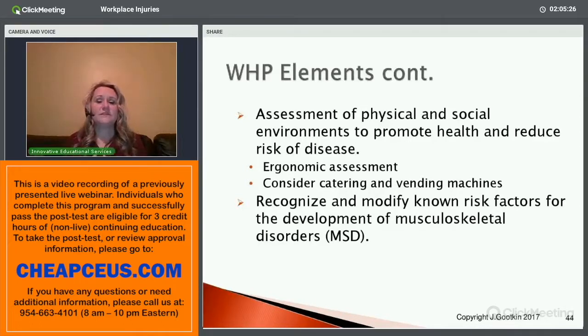In terms of the physical environment, we know we're thinking about ergonomic assessment in the workplace if it's an office worker. Employers, we're seeing, are even changing vending machines, and this is part of Healthy People 2010. We don't make the best decisions for ourselves. I will tell you, I came back from break recently and the soda vending machine was gone.